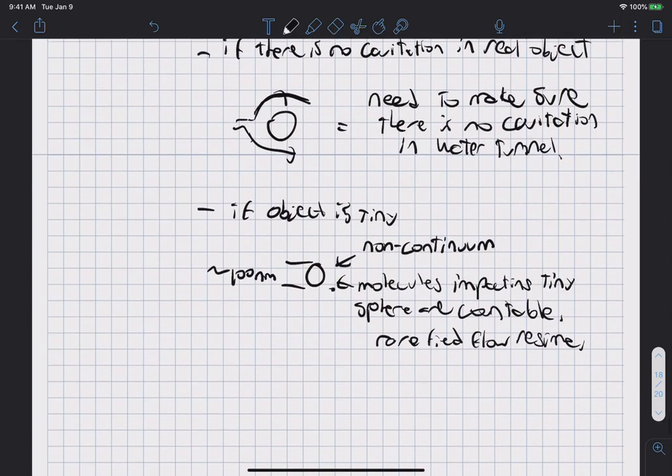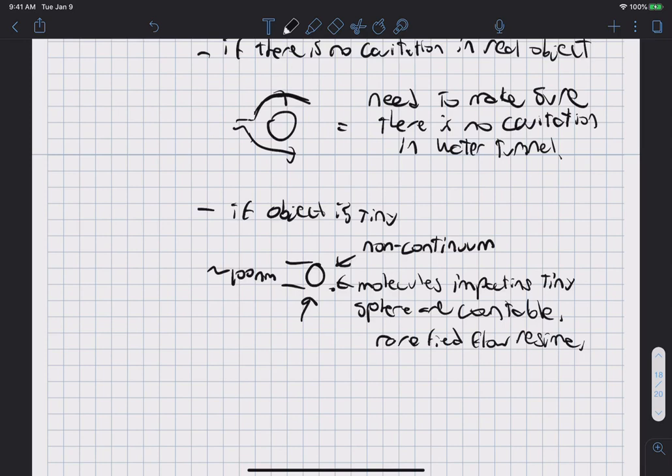And essentially, if you want to measure the drag experimentally on this extremely tiny particle, because it's so small, all the continuum stuff that we've been using throughout this entire class is no longer in play.